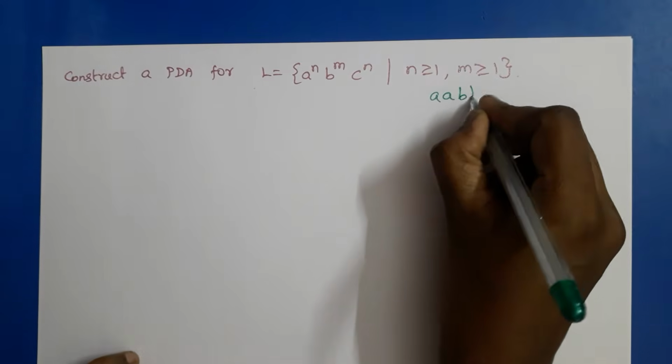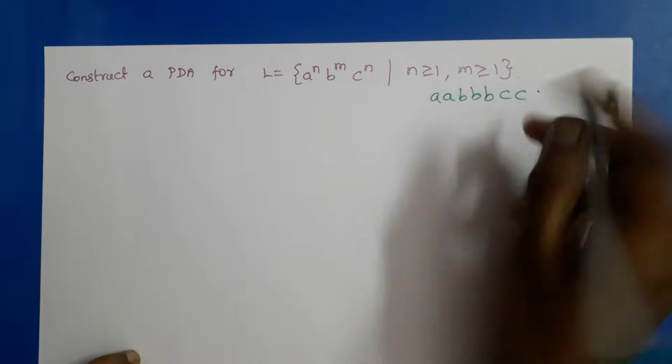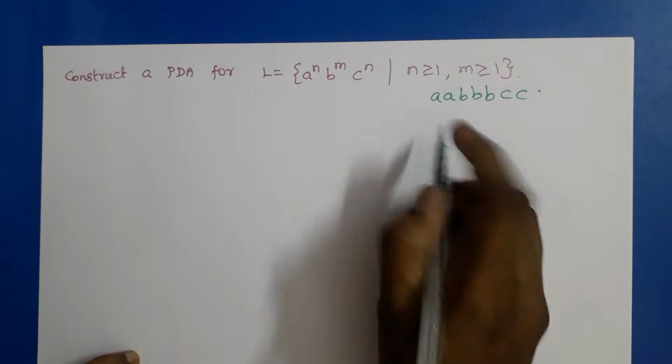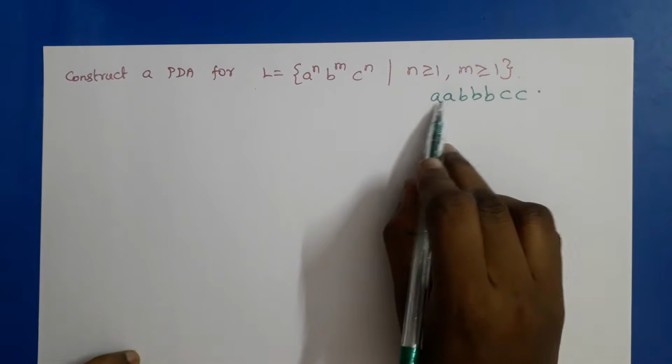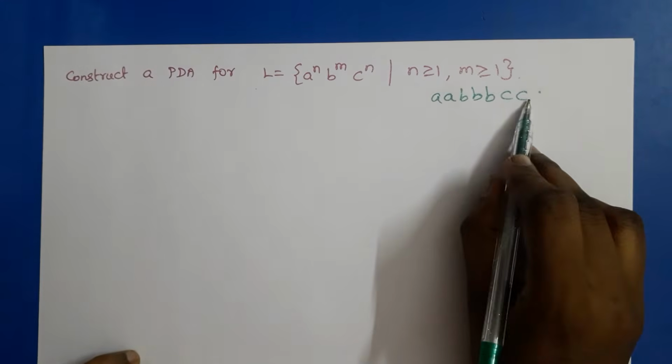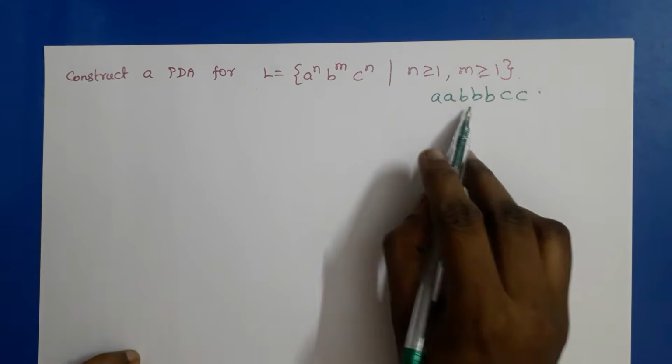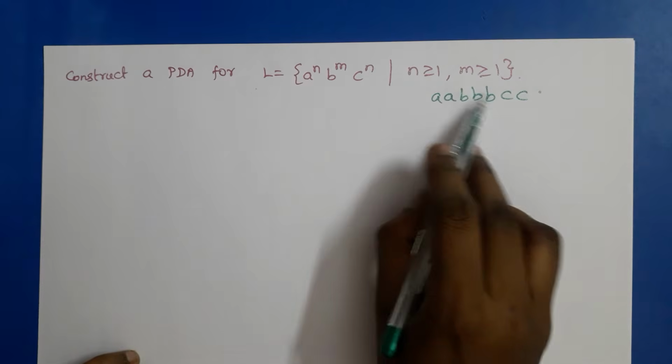For example, AA BBB CC is a correct input string. The string has 2 A's at the beginning and 2 C's at the end, and in between it has some number of B's, so 3 B's.